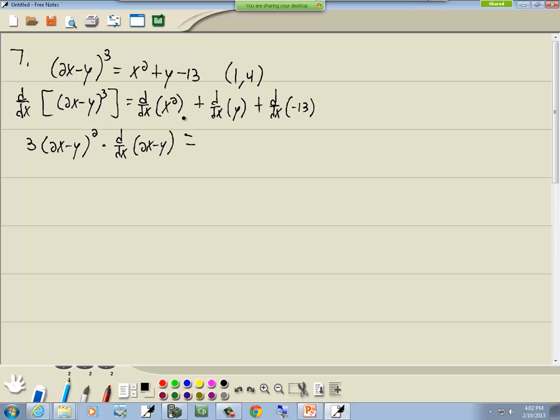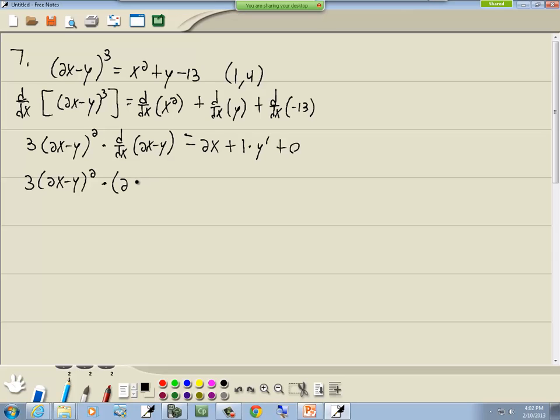Then equals, the derivative of x squared is 2x, plus the derivative of y is 1, but we have to add on our y prime since it's y. And the derivative of negative 13 is 0. So we got 3 times (2x minus y) squared times the derivative of 2x, which is 2.